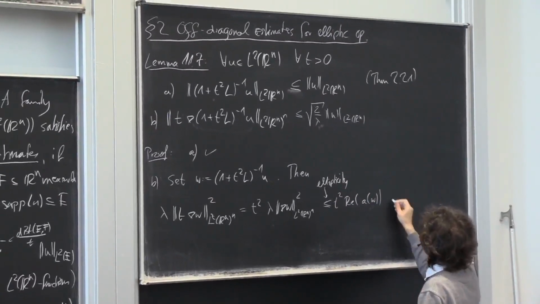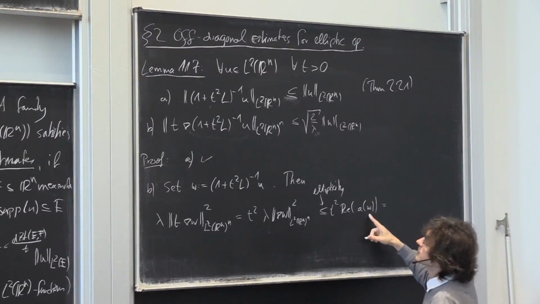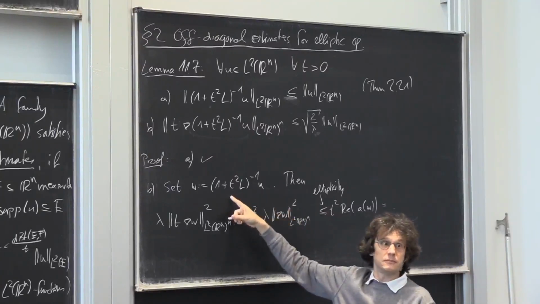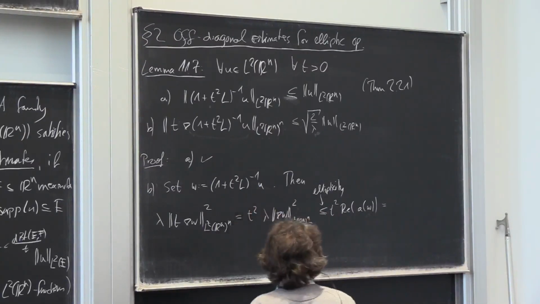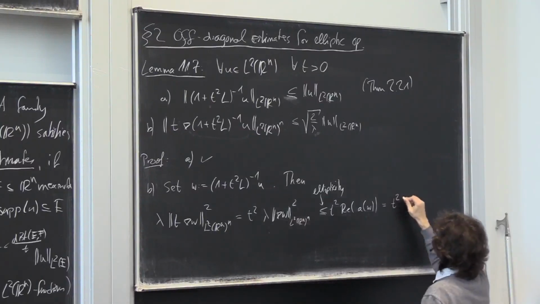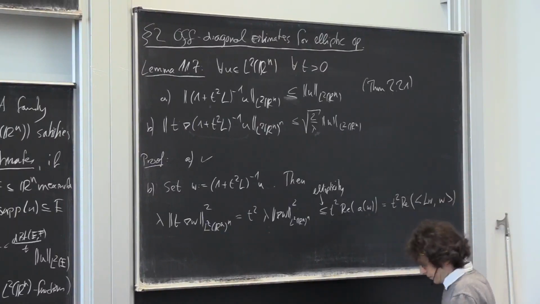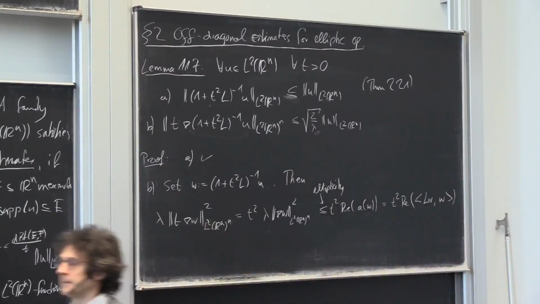Now we can use the definition of L. Why? Because w is in the domain of L, and w is a resolvent applied to u, so it's in the domain of L. So this is t squared times the real part of the scalar product of Lw applied to w, and this is an L2 scalar product here.